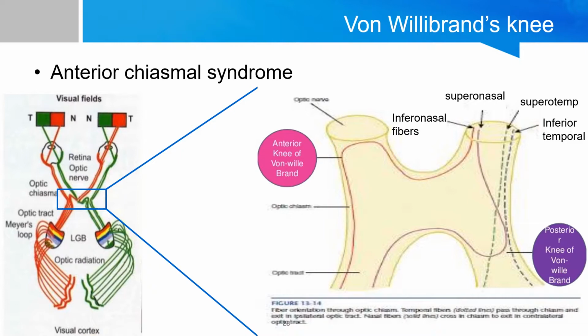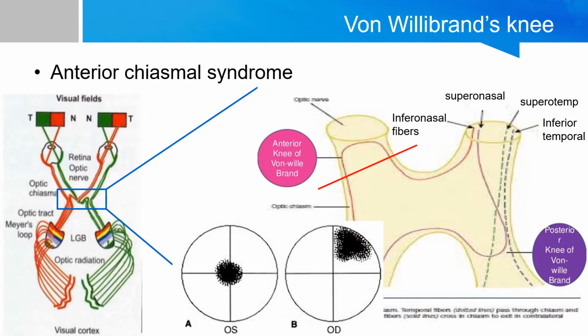A lesion at the anterior chiasm will cause what is known as the anterior chiasmal syndrome. A lesion at the anterior von Willebrand's knee affects the ipsilateral optic nerve fibers and contralateral inferonasal fibers.